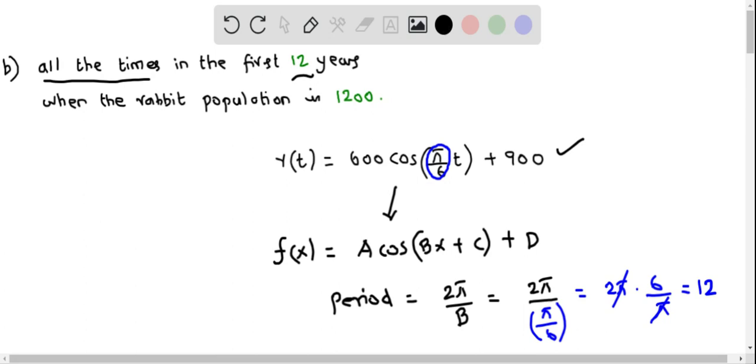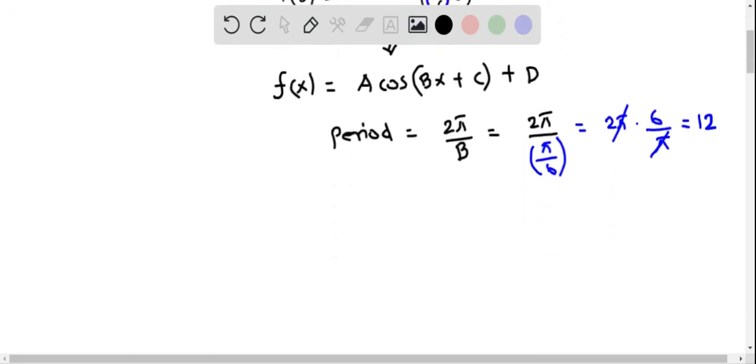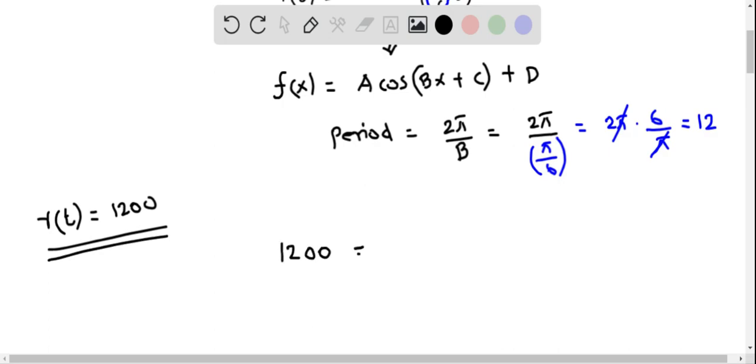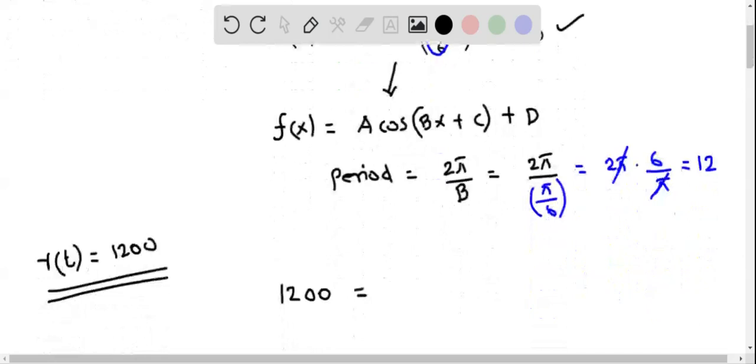Okay, so let's set up this equation. That is, I'm going to replace R of t equals 1200 into the R of t function. So when I do that, I get 1200 equals 600 times cosine pi by 6t plus 900.